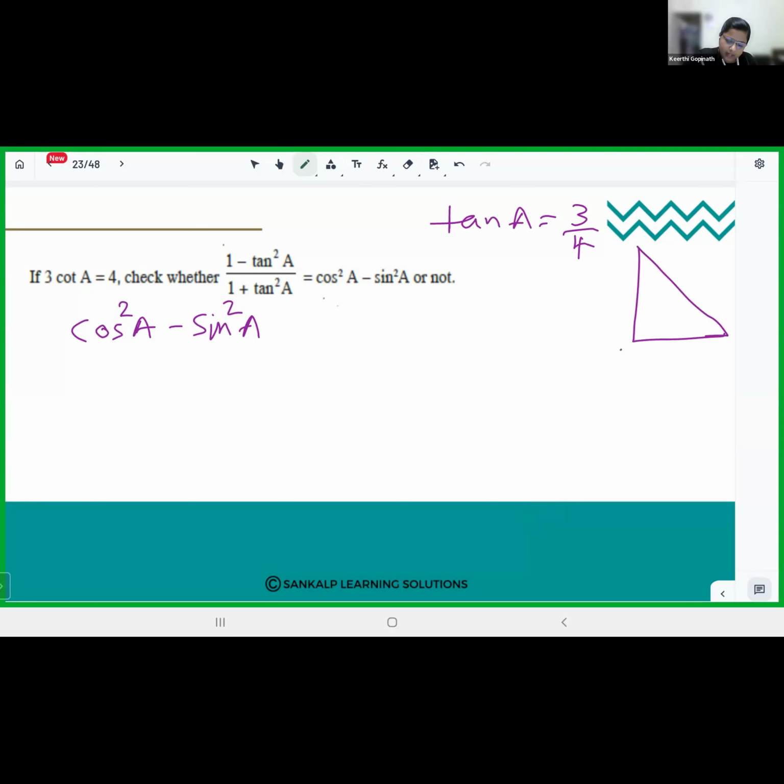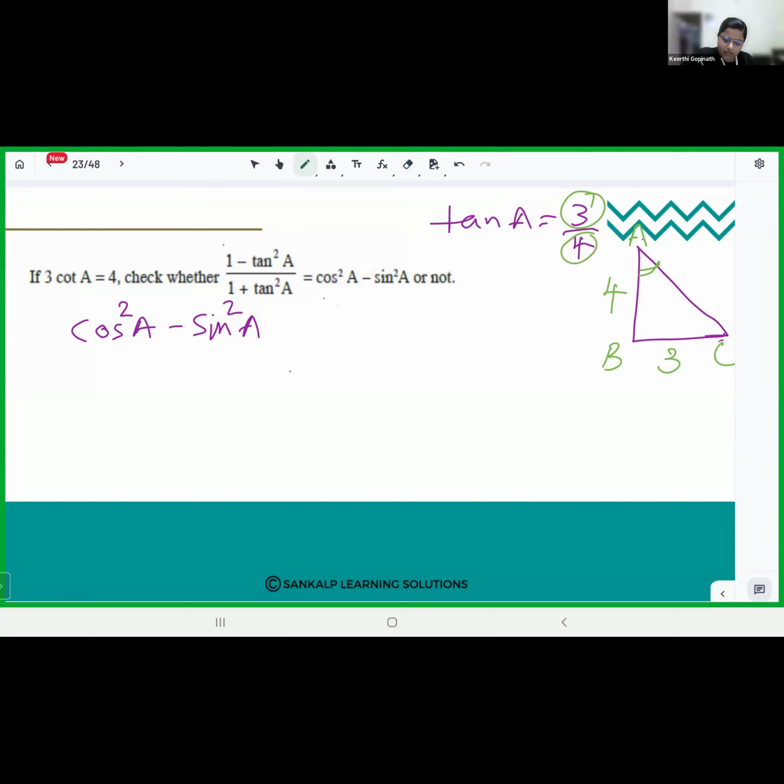So let this be triangle ABC. Since tan A is 3 by 4, we write it at an acute angle A, where this is the opposite side and this is the adjacent side. Because tan A is 3 by 4, 3 is the opposite side and 4 is the adjacent side.